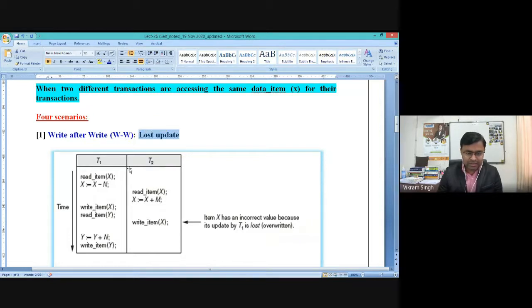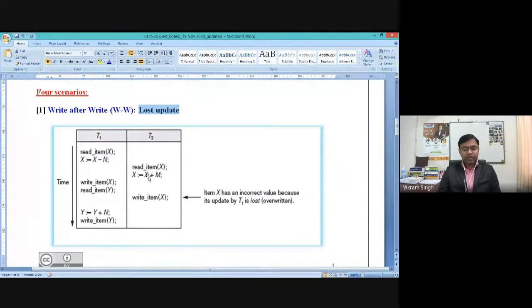You can see in the diagram, we have two transactions: one from user U1 with the transaction name T1, and a second concurrent transaction called T2 from user U2. For each transaction we have a set of instructions, a set of operations defined.